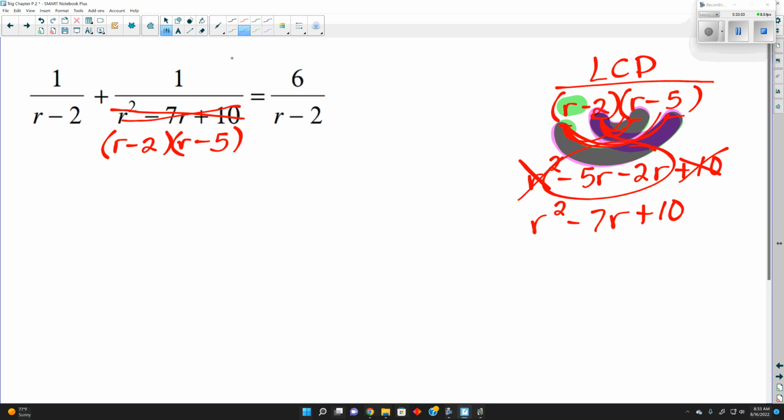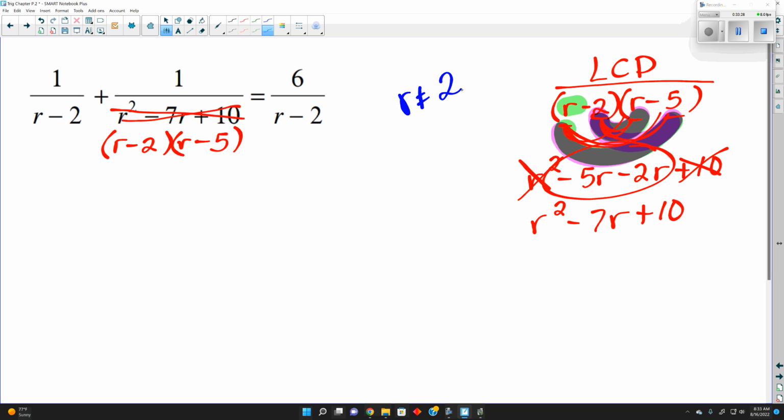Now, I always have a tendency to forget to do this, and if y'all do, especially with working them, that's fine, is also looking at the restrictions. Because you can do this after you finish solving, or you can do it before we start. Either one works fine. It's just seeing what's going to make the denominator be 0. Well, with the 3r minus 2s, we know r cannot be 2.